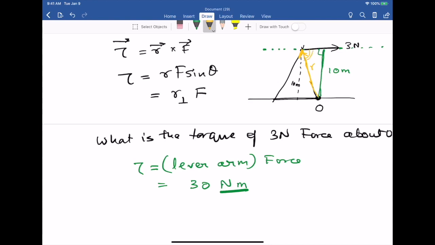If you wanted to use that method, you would have had to do some geometry, some SOHCAHTOA and all that to figure out the angles and the length of R. And if you do that, you'd get exactly the same answer. But we didn't need to do that because the lever arm was obvious. So in problems where the lever arm is obvious, just go ahead and use force multiplied by lever arm to find the torque. Okay, we're going to do another example, and that's the example on slide 8.